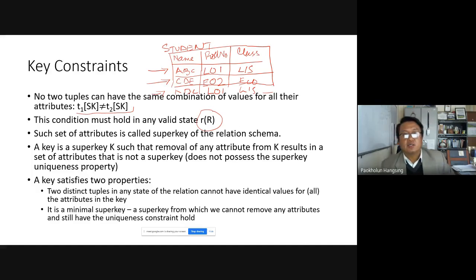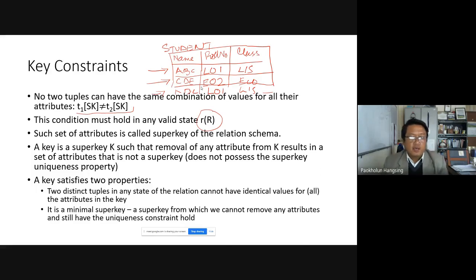You know why we say key: when you maintain this uniqueness, that the value of each tuple is different from another tuple, then the combination of these values, ABC, L01, LIS, and then CDE, will not be the same. Therefore, it is also called a super key. It is unique in a way.